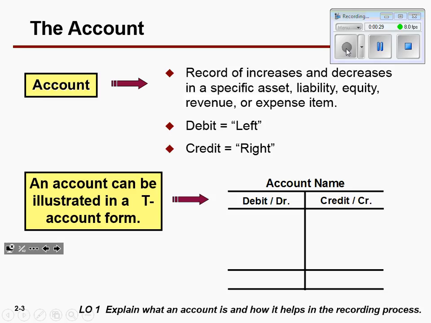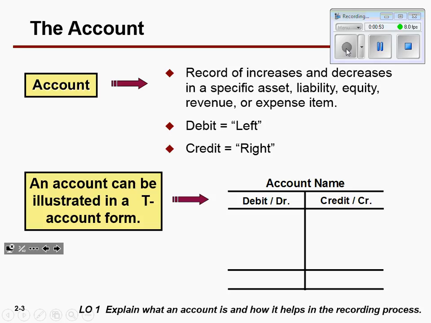What's an account? Well, there are very specific parts to an account. If you think of ALLO, let's just focus on assets for a minute. Are there accounts that are under the asset umbrella? Yes. There's cash, supplies, equipment, and accounts receivable. We own those.